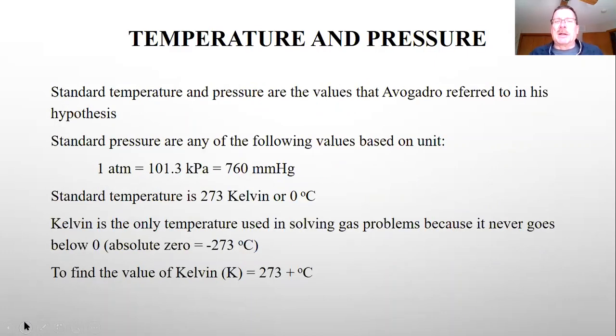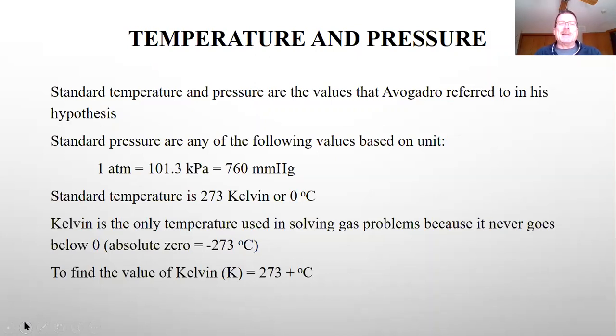Anyhow, let's talk a little bit about temperature and pressure. We talked about pressure in our last video. You'll hear this term standard temperature and pressure often, and really that's kind of the initial Avogadro, same temperature, pressure kind of stuff that we're looking at.